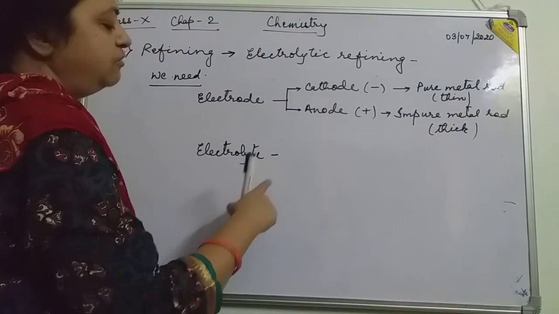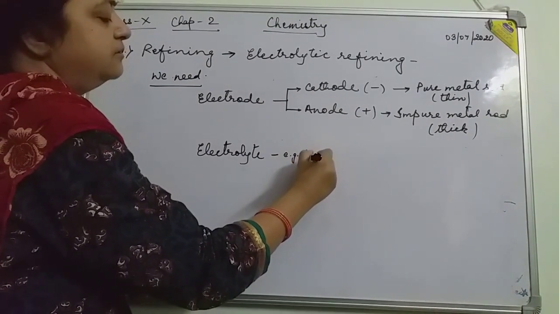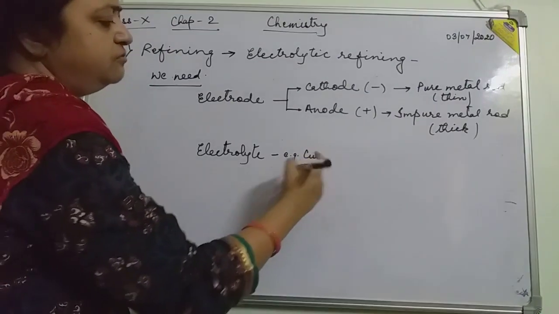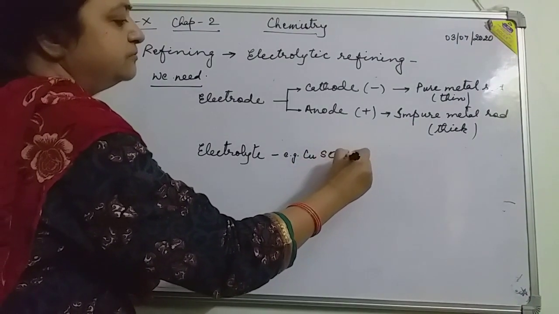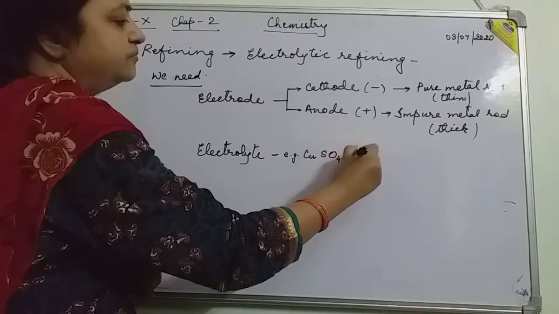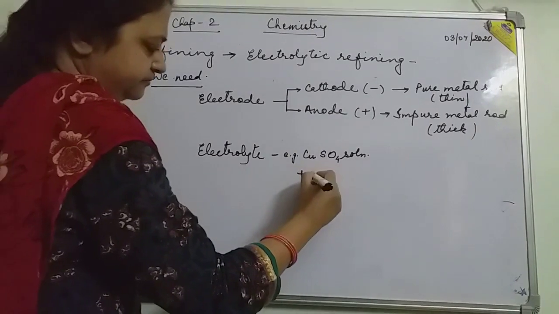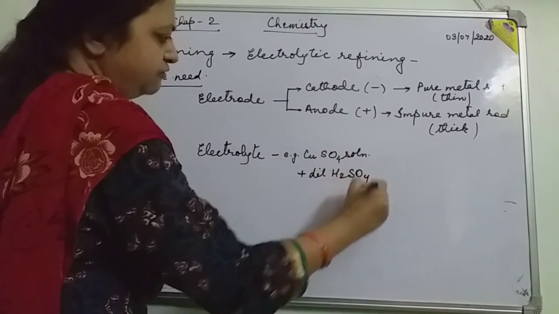For example, if we want to purify copper, then we use copper sulfate solution plus some amount of dilute sulfuric acid.